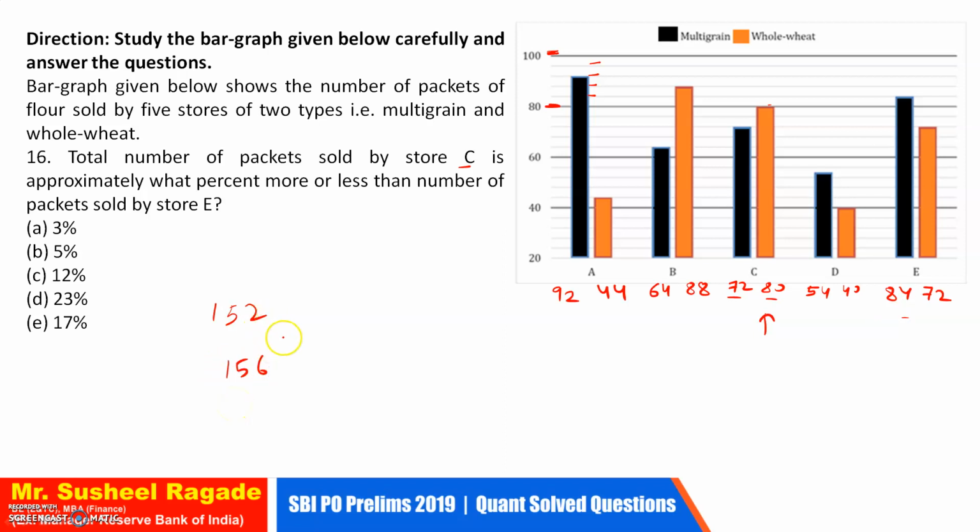The difference is 4, and 4 is how much percent of this number? 1.56 means 1%. So 4 is near about 3%, because all these numbers are large numbers. So the answer is A.